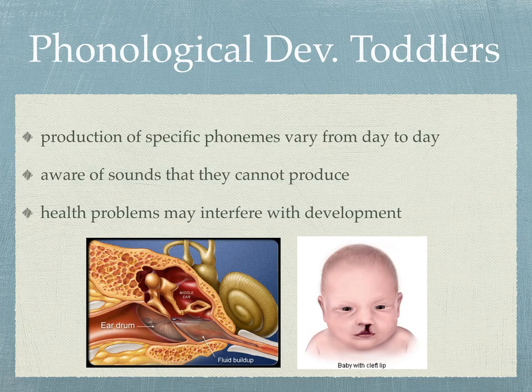Health problems may interfere with development of being able to reproduce these sounds, specifically ear infections. 85 to 90% of kids in the US experience an ear infection before the age of 6. This is a big deal because sometimes you don't know your kid has an ear infection, and so it's affecting the way that they can hear.